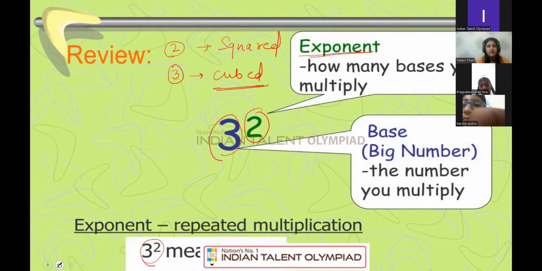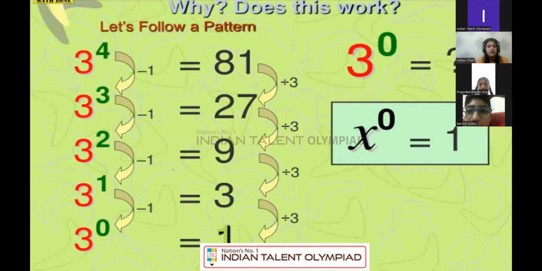Okay. So here, if you see 3 to the power 4, it means we have to multiply 3 times 3 times 3 times 3, that is 81. And if we reduce the power by 1, 4 becomes 3, so we have to divide by 3 and it will become 27. Right?